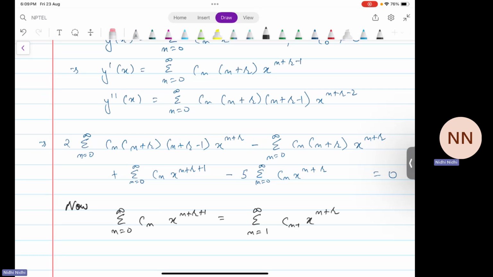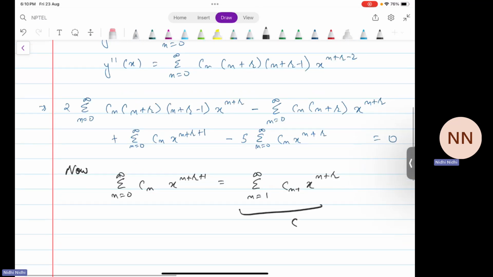We have just shifted the sum. You can see that when we put n equals to 0 on the left, we get c naught x to the power r plus 1, and here also, when we put n equals to 1, we get c naught x to the power r plus 1. So eventually both the sums are same.